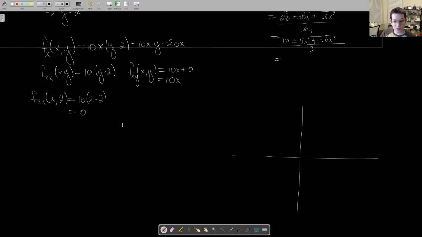So if this is our y and this is our x, then for all values of x where y is equal to 2, this is 2, then all the way, it's not perfectly straight, it's fine.